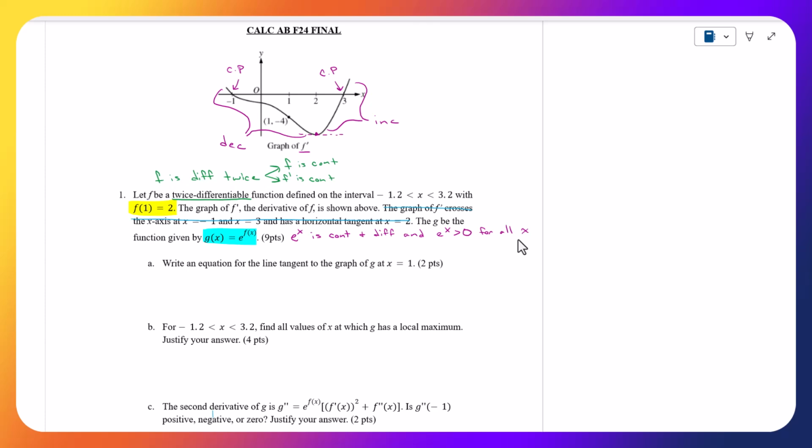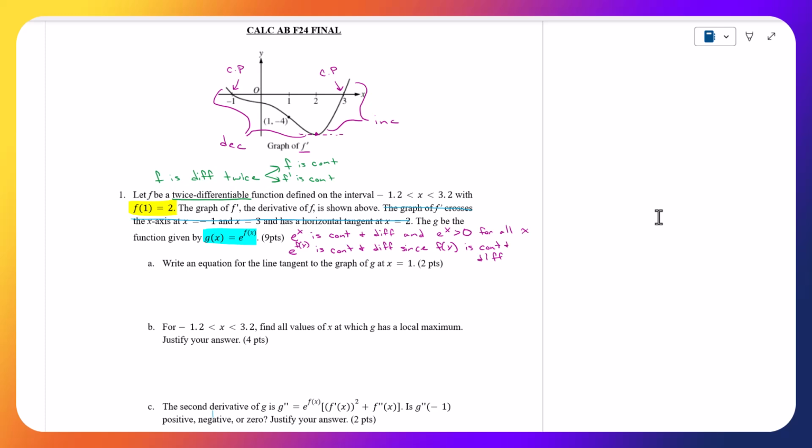It is continuous and differentiable since f of x is continuous and differentiable. So e to the f of x is continuous and differentiable since f of x is continuous and differentiable.